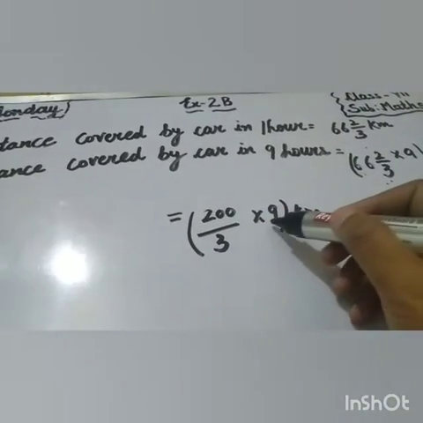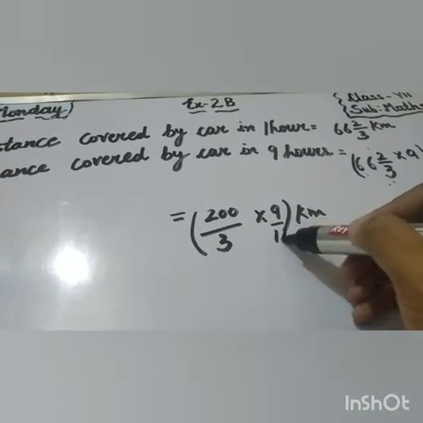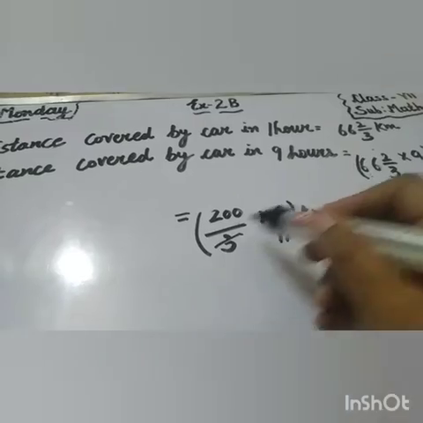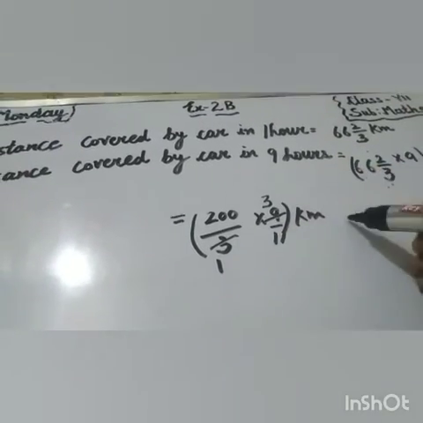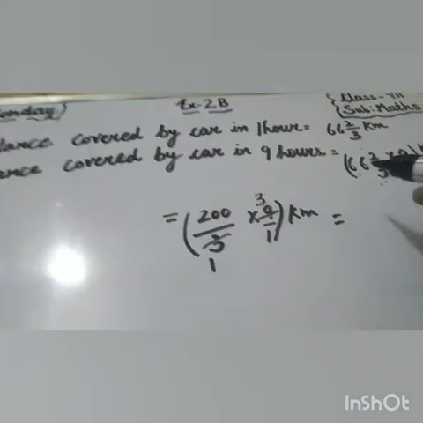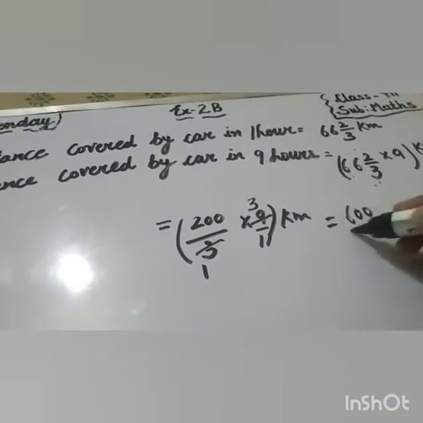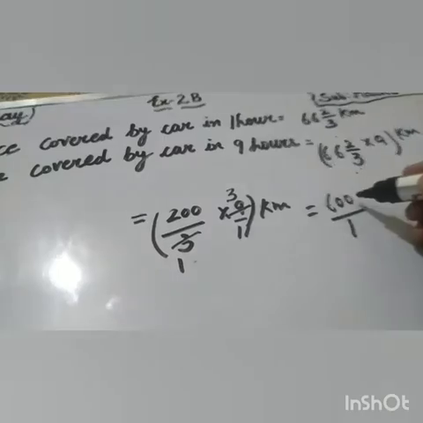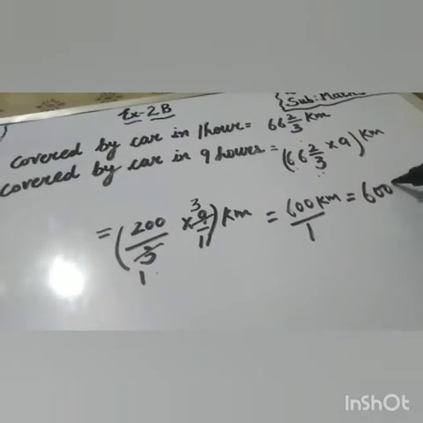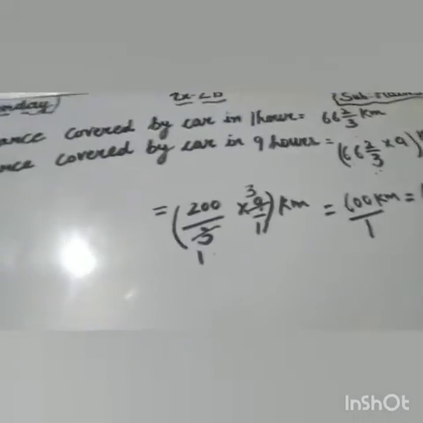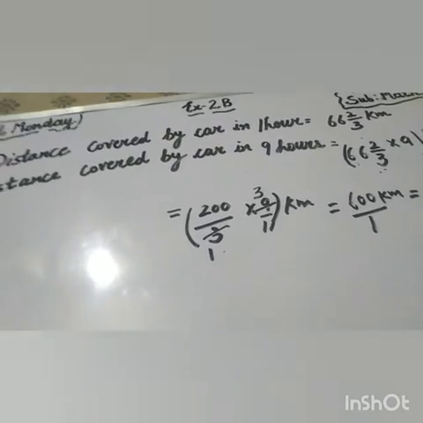Now 9 is a whole number, you have to write 1 below it. Now cut 3 and 9 on the table of 3. Here is 1 and here is 3. Now 200 multiply by 3 is 600, and 1 multiply by 1 is 1. 600 by 1 kilometer, which is equal to 600 kilometer. It's clear, bache? This is how you solve this type of sum.